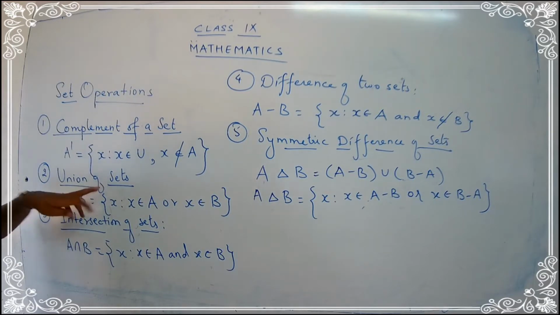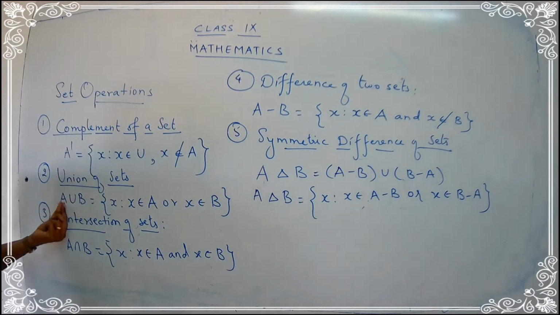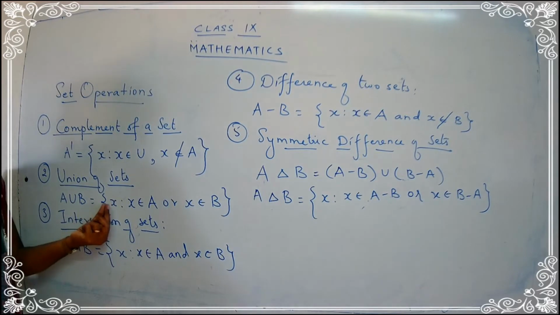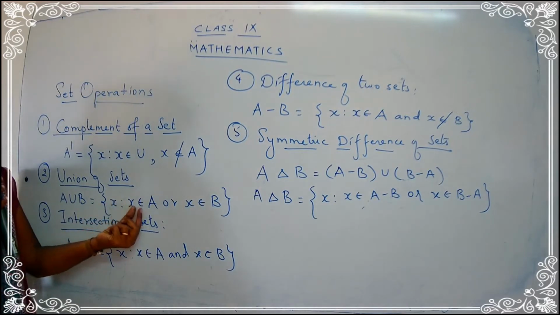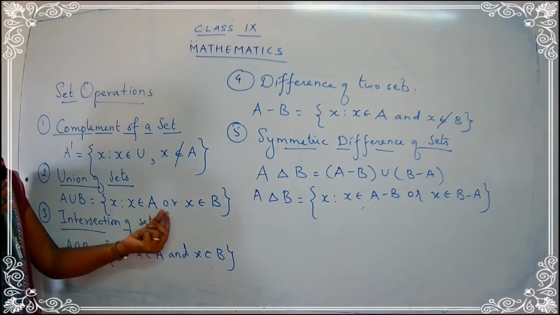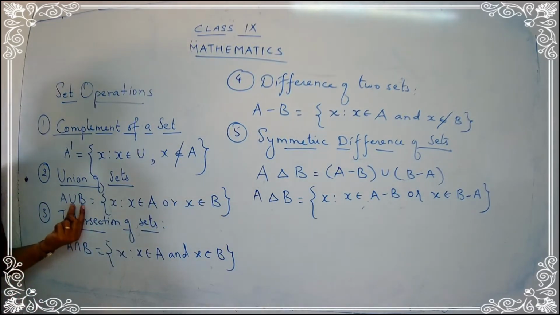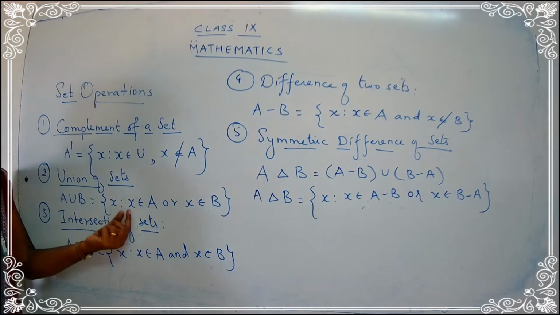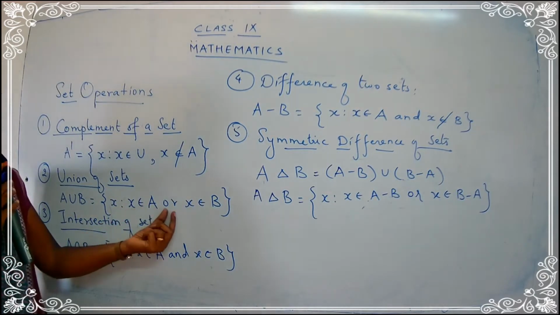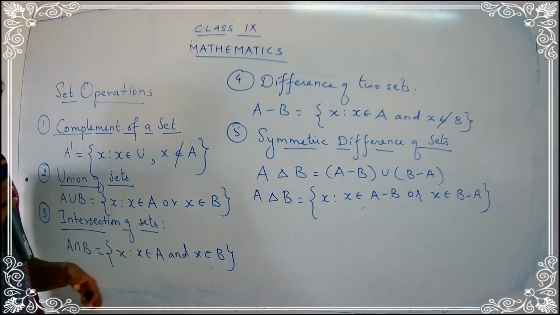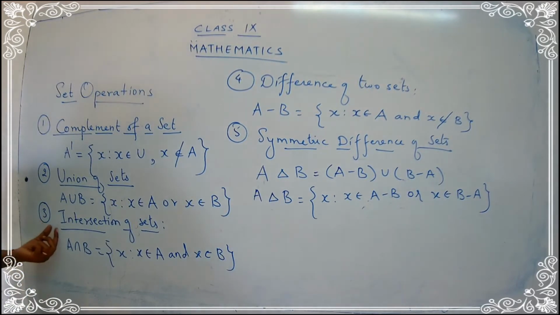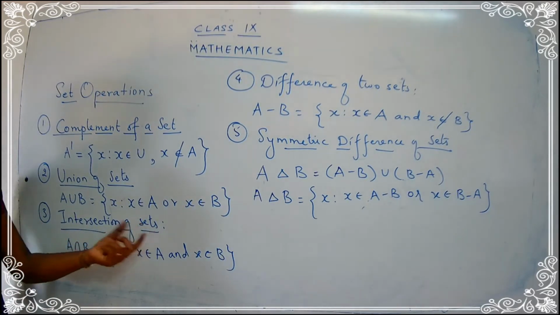Union of sets. How do you write the union of sets? A union B is equal to x such that x belonging to A or x belonging to B. Third one is intersection of sets.